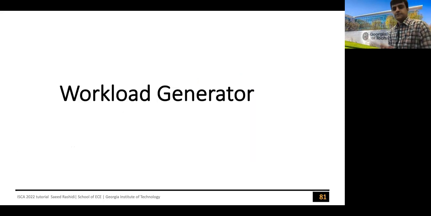Okay, so one of the utility features that we have inside the ASTRA-sim repository is the workload generator, which makes it easy for you to define and create new workload input files for new DNN models.